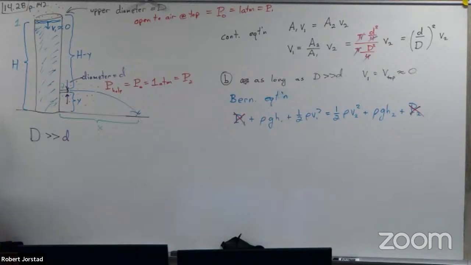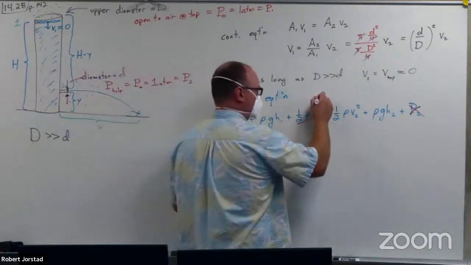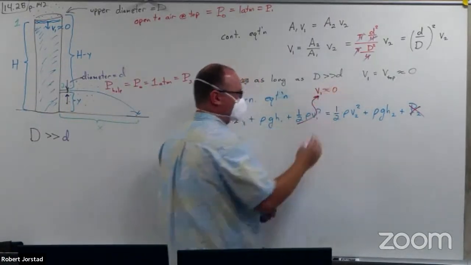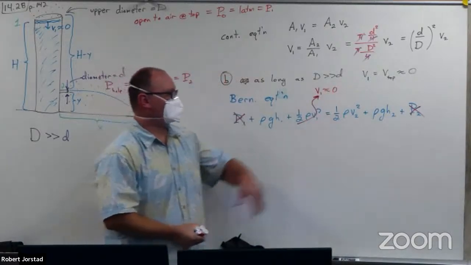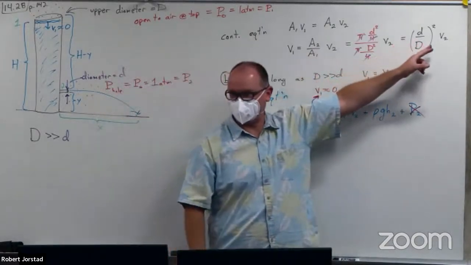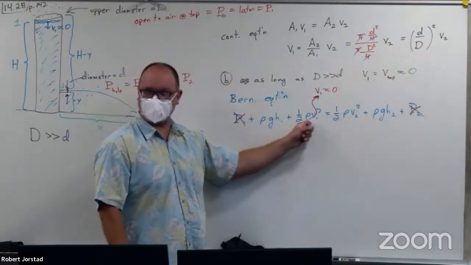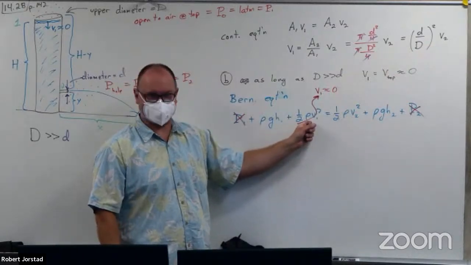There's another term which drops out. Now think about this. V1 we already know is small compared to V2. So when you square it, it's going to be even smaller.